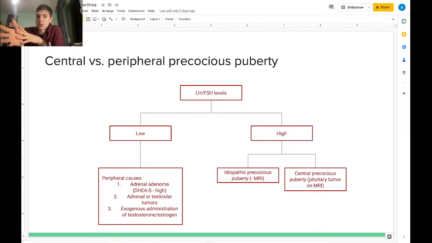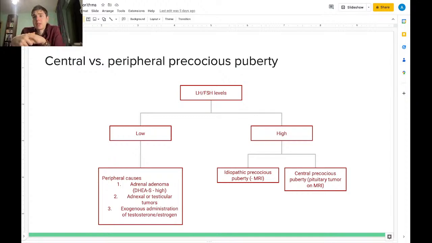Some peripheral causes of precocious puberty are adrenal adenoma. In the case of adrenal adenoma, a good marker on the labs will be the DHEAS, which is made only in the adrenals. Otherwise, we can have adnexal or testicular tumors. Or lastly, we can have exogenous administration of testosterone and estrogen.